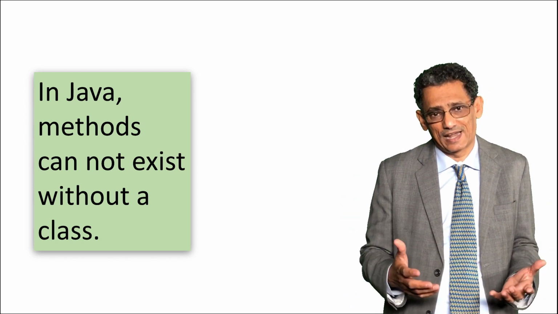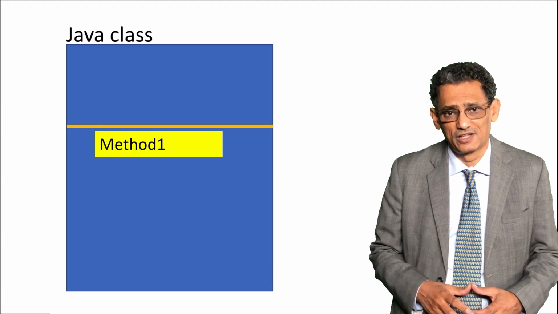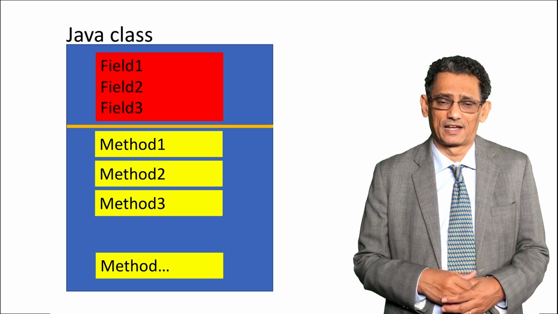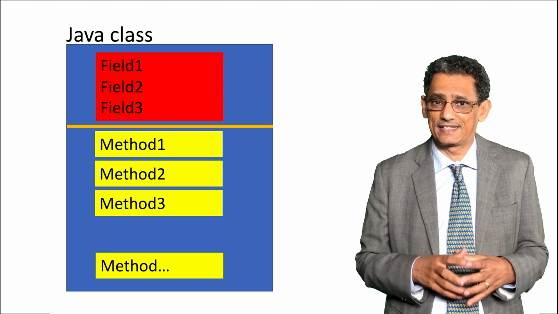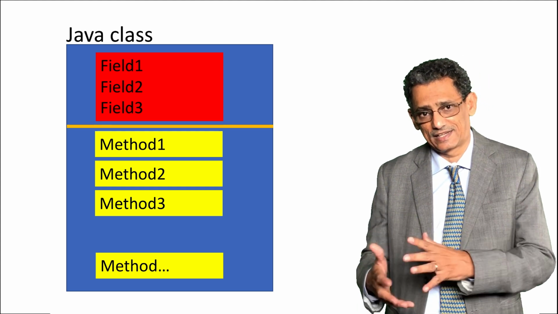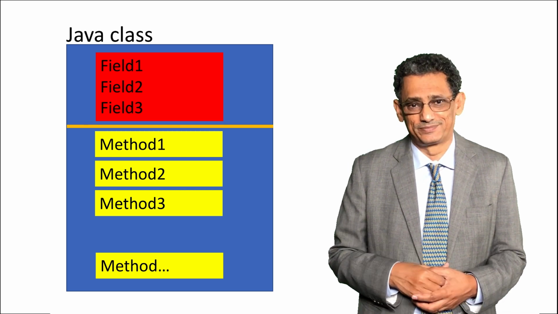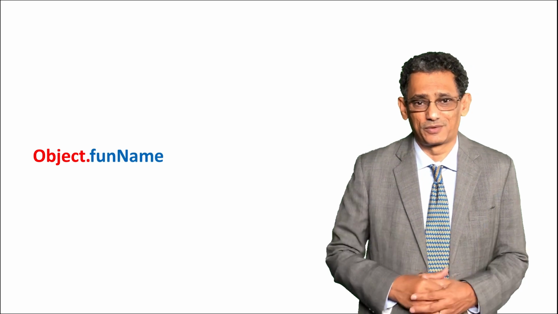And you can look at a class as a container that will contain all the functions you have, plus other things, fields and variables and other things. You will study classes in more detail later in another course, on object-oriented programming. So the function belongs to a class, and this is why you see the dot before calling the function, because it belongs to that class which is before the dot.